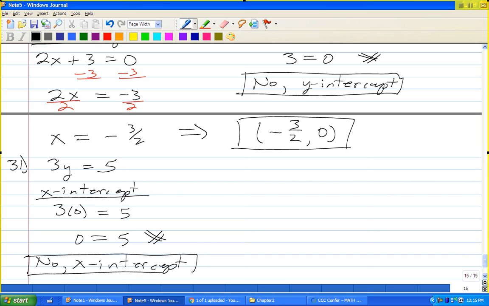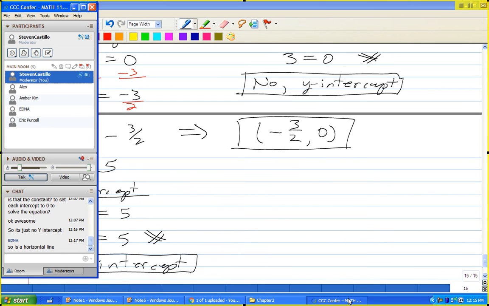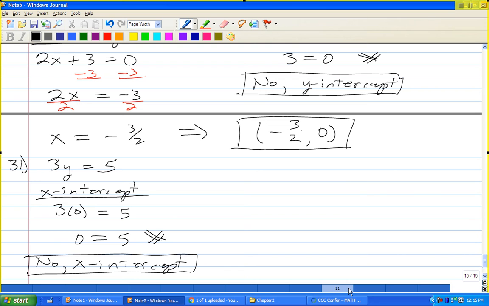This is actually a horizontal line. So it's parallel to the x-axis. Yes, it is a horizontal line. Okay. So let's find the y-intercept.